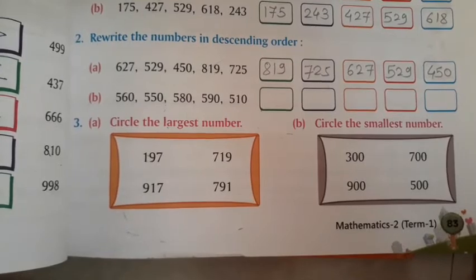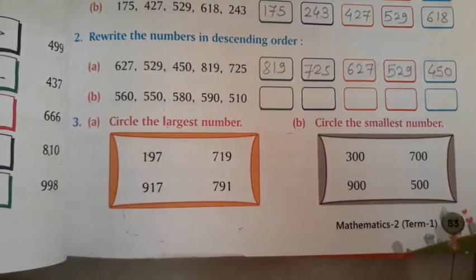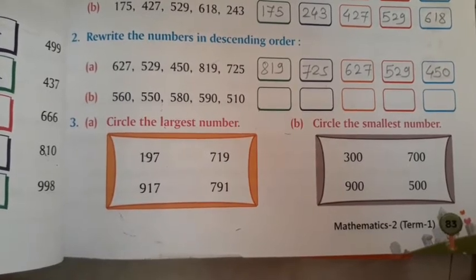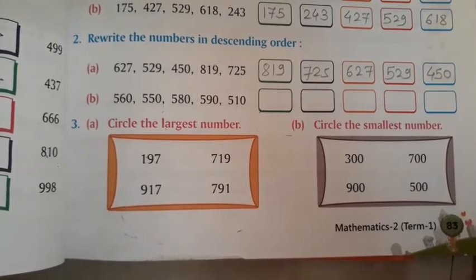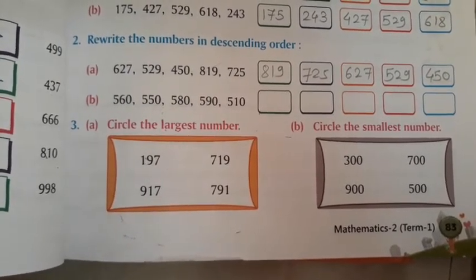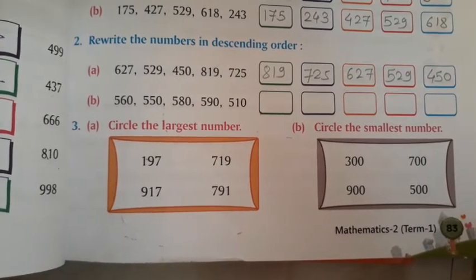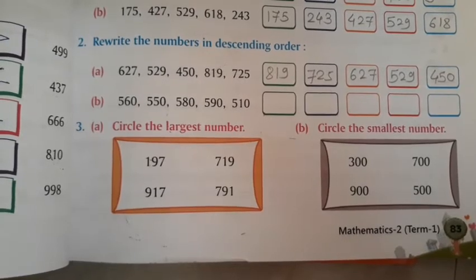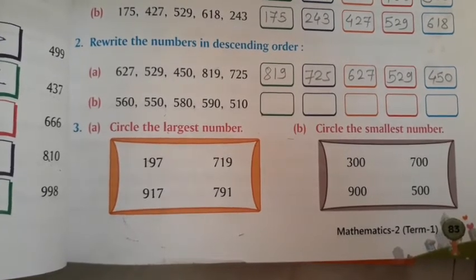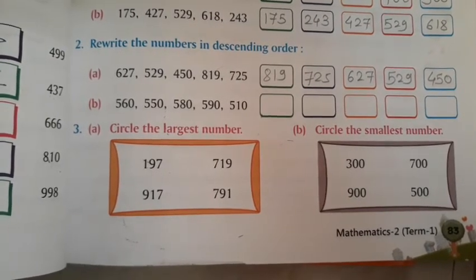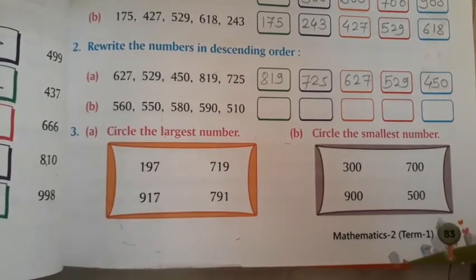So the next number is 580. Then 560. Then 550 and then 510. It's very simple, students. Got it?